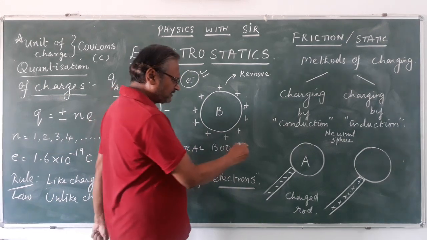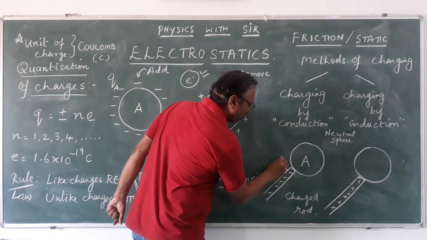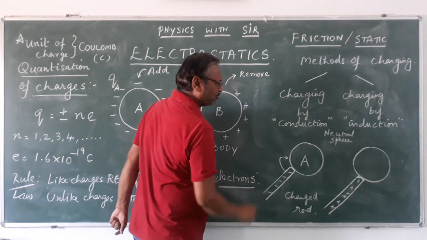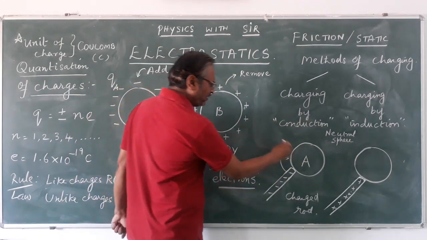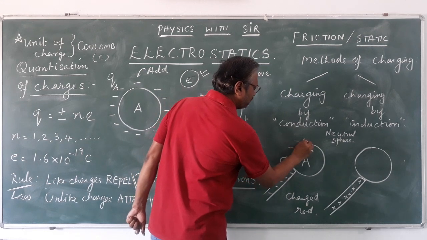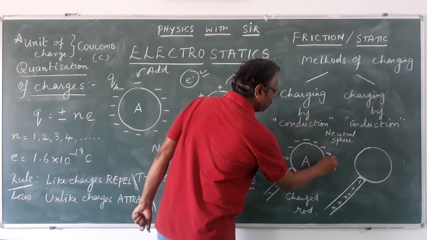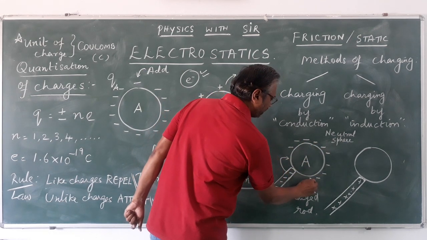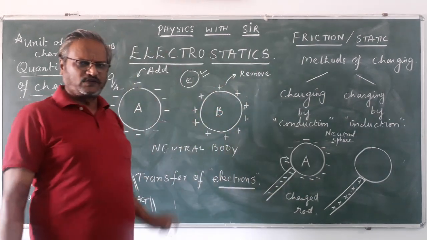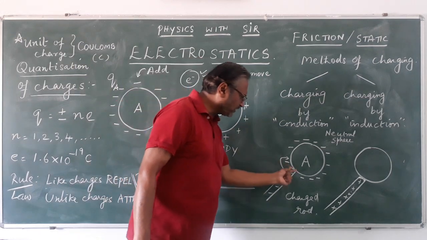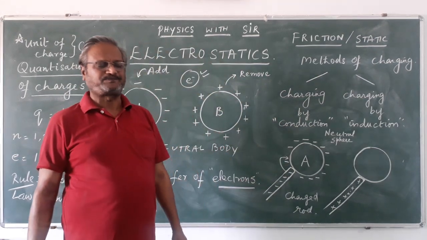The moment I touch it, the electrons are transferred, or jump, into the neutral sphere. When the electrons jump into the neutral sphere, the sphere gains electrons and becomes negatively charged. This takes place when you touch the sphere.